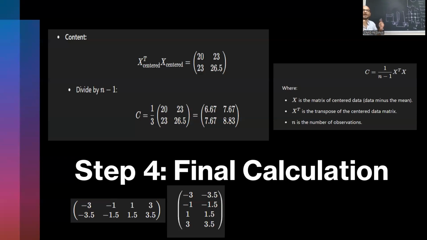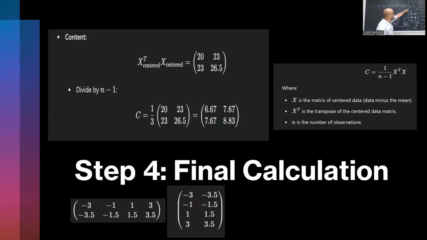I'm just going to multiply 1 by 1. -3 times -3, how much do you get? -3 times -3 plus -1 times -1, plus 1 times 1, plus, what is the last one? 3 times 3. Because what did I do?